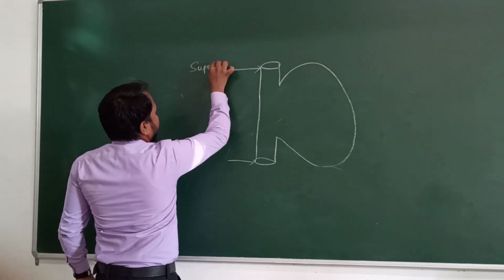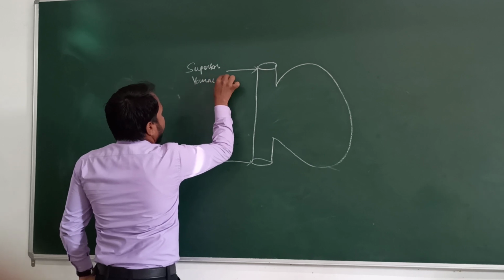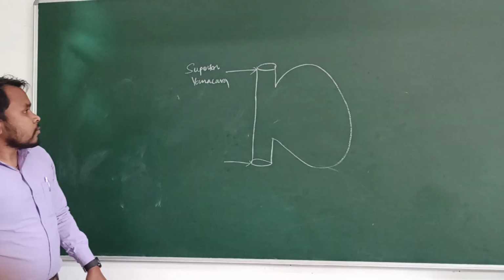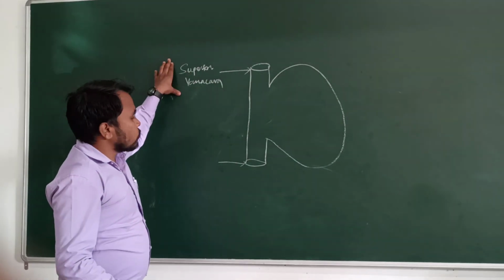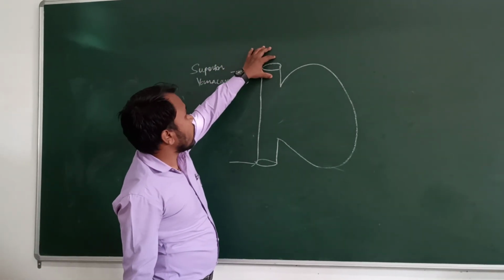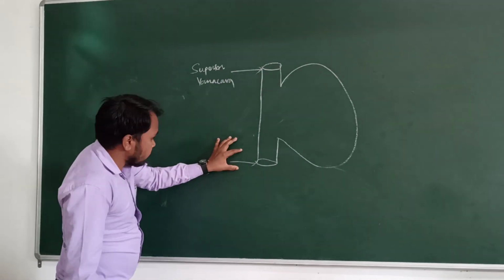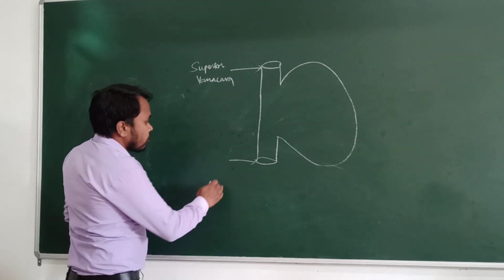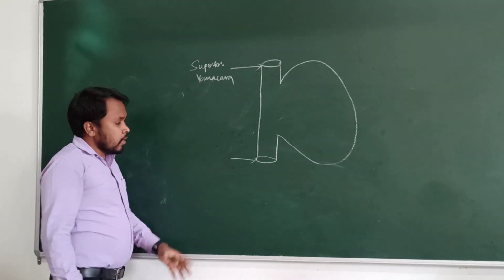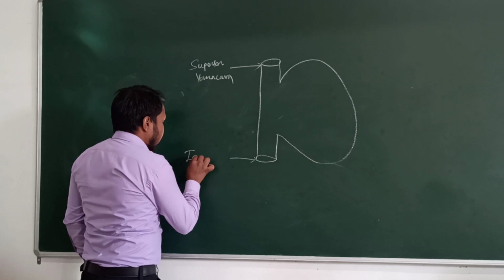Why do we call it superior vena cava? Because this tube is located in the superior part of the body, and this tube is located in the inferior part of the body. That's why this structure is inferior vena cava.